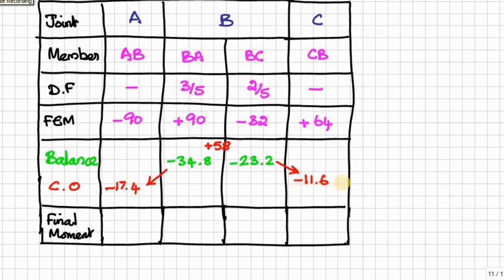Okay. So finally we get for AB member minus 107.40 kilonewton meter, for BA member plus 55.20 kilonewton meter, for BC member minus 55.20 kilonewton meter, for CB member plus 52.40.